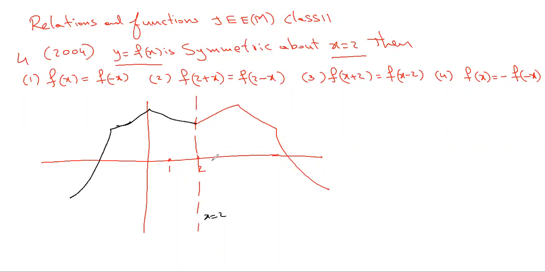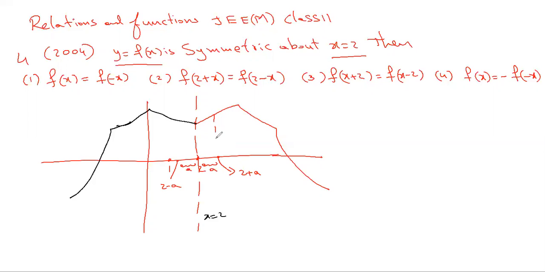Now if you observe carefully, from 2, if you move some a units on the right side, suppose this is a units, then what will be this point? 2 plus a. If you move a units left side, what will be this point? 2 minus a.